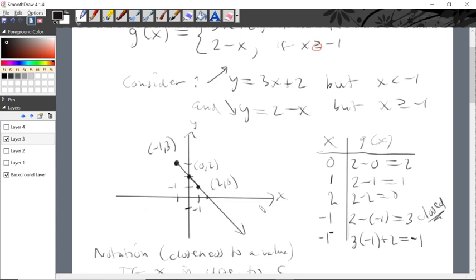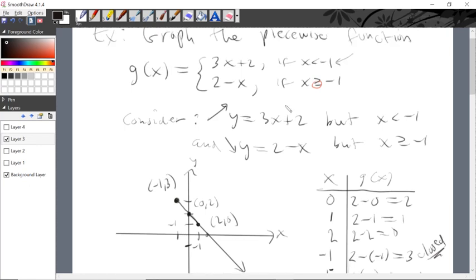Furthermore, is the point at the location (-1, -1) open or closed? Because we do not include equality right here, x can't actually equal -1, so that's going to have to be an open point right there. That's because we couldn't actually plug -1 into this. It was supposed to get plugged into the other branch.